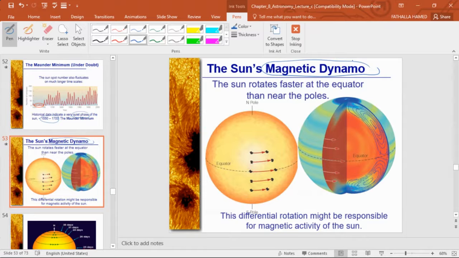Now, when you look at dams and things like that, water will rotate something, and you have magnetic fields at the end, and that's how you can basically produce electricity.